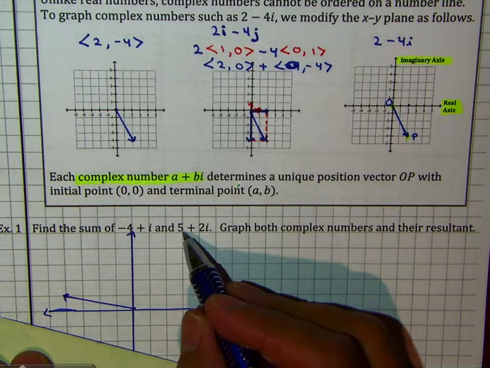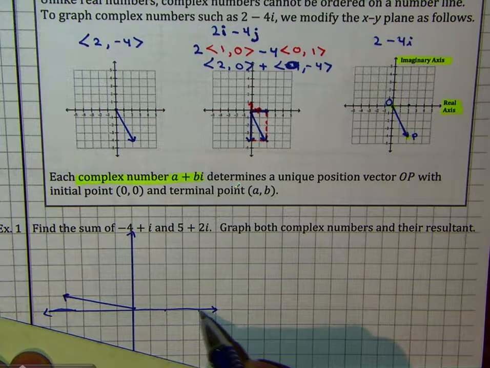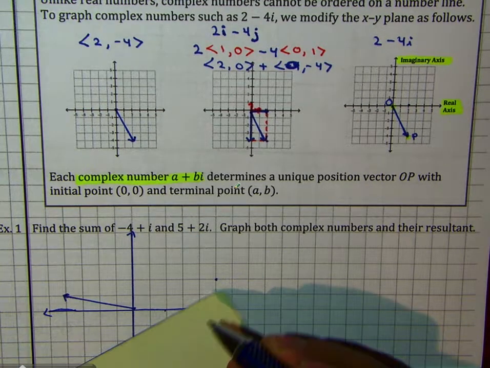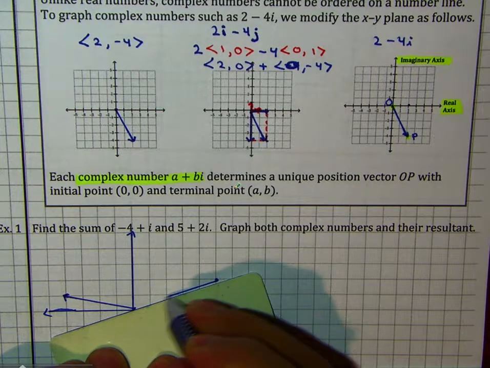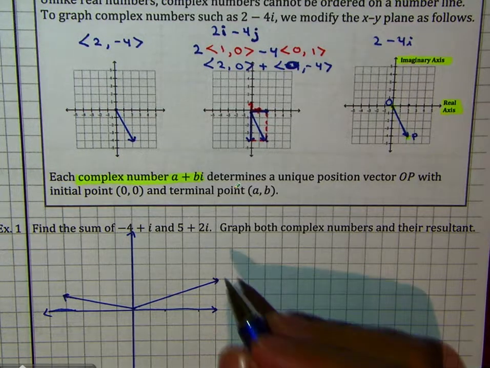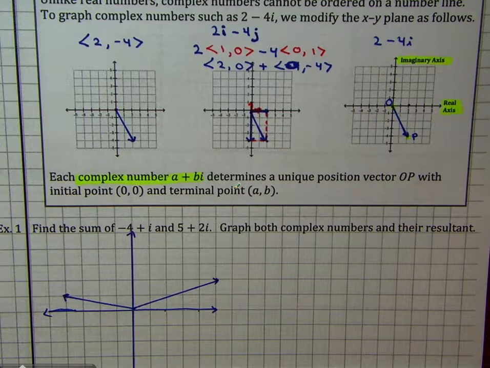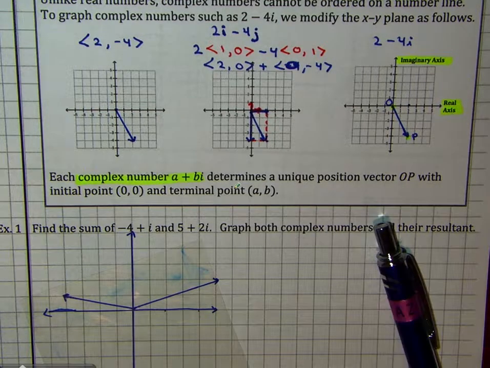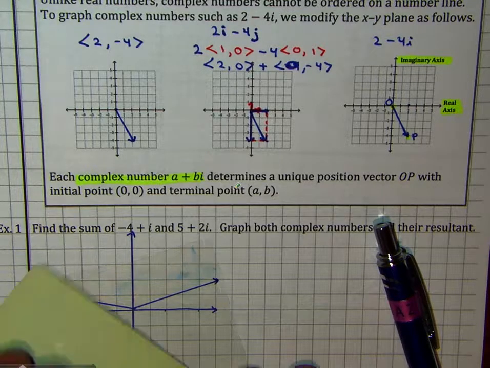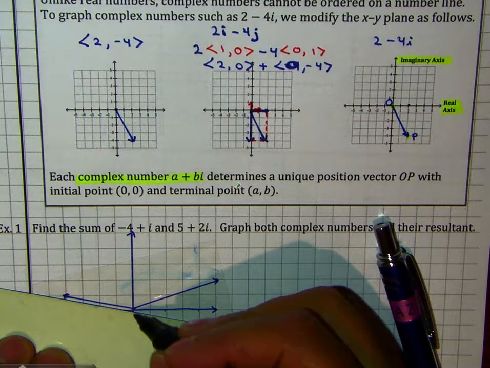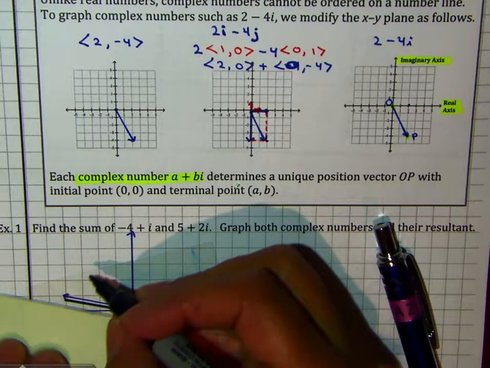My second vector is at 5, 2. Then I need to be able to make a decision. So then I need to decide whether I want to move this vector over here.